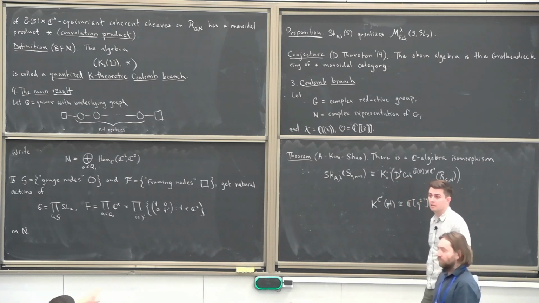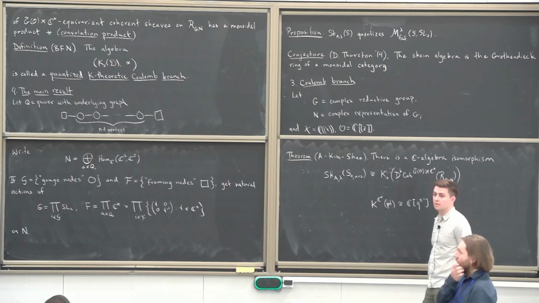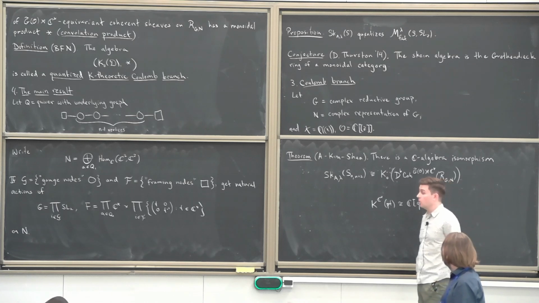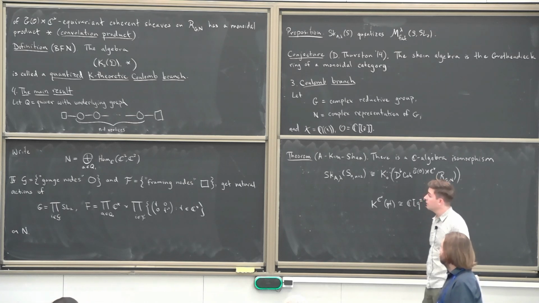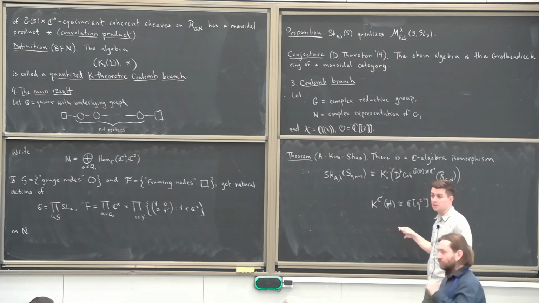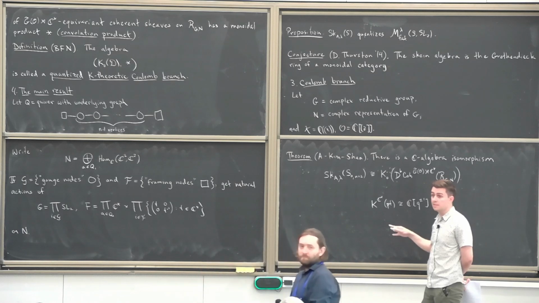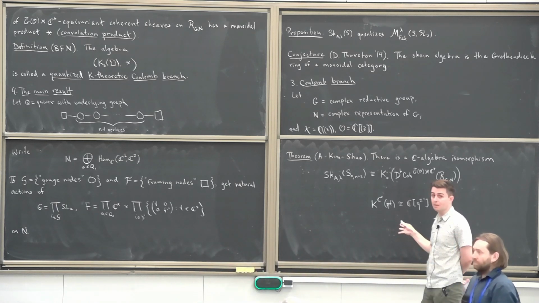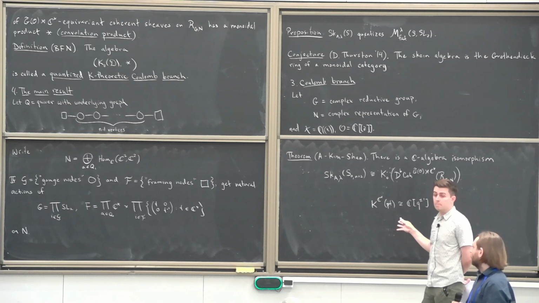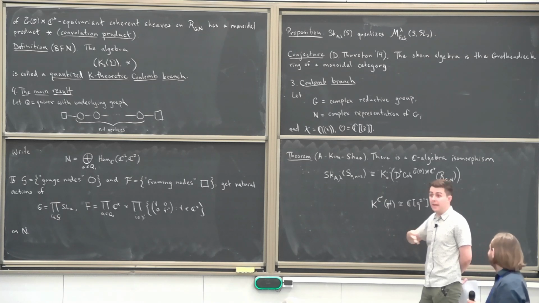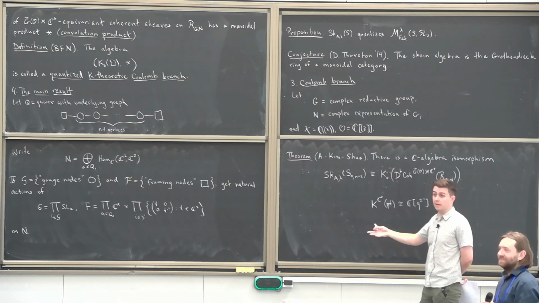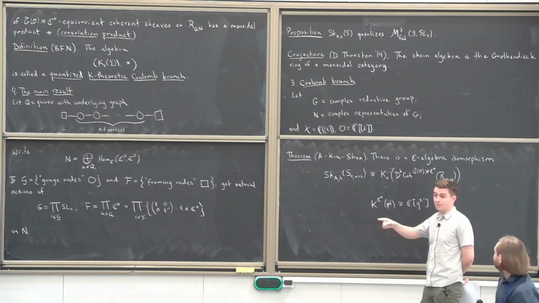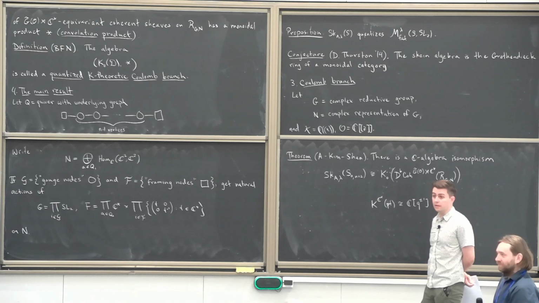Another question is what happens when this parameter is a sixth root of unity? We don't require any restrictions on the values of these parameters. You can set it equal to any non-zero complex number. We don't exclude roots of unity or anything like that.